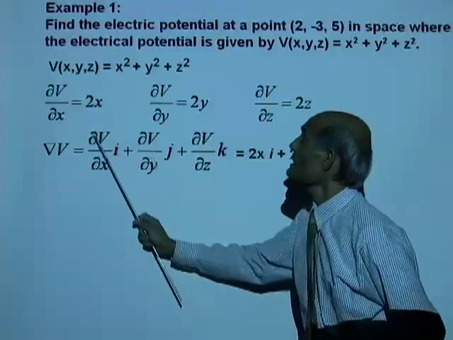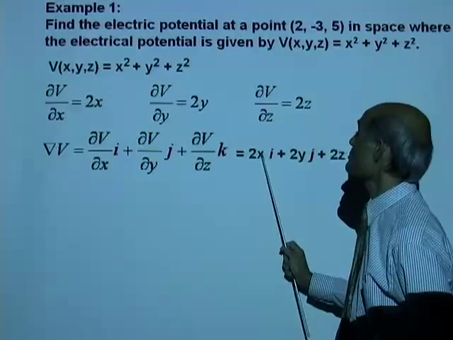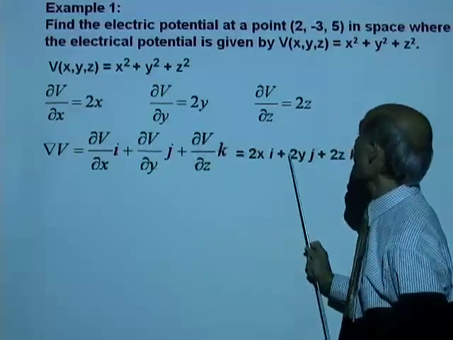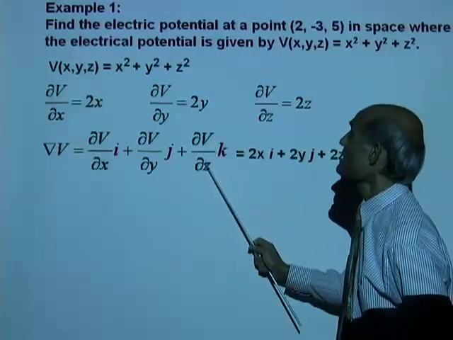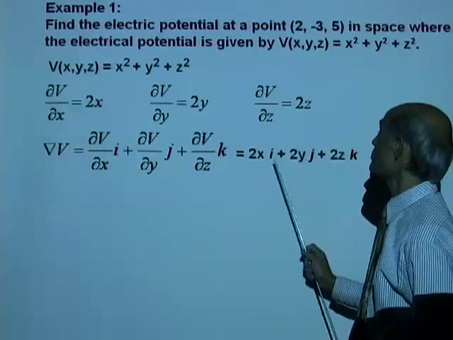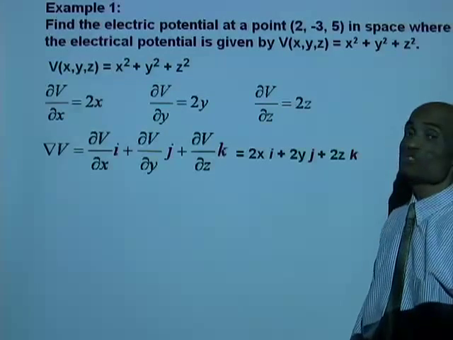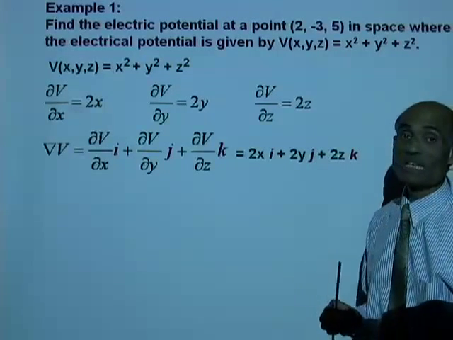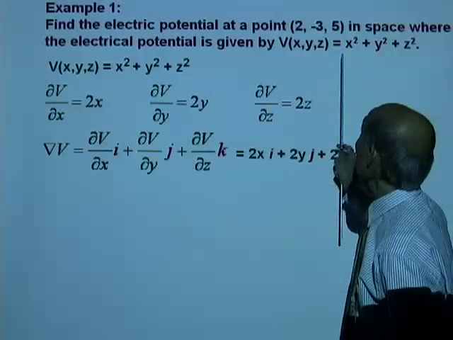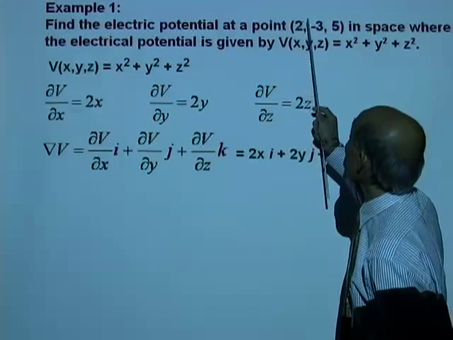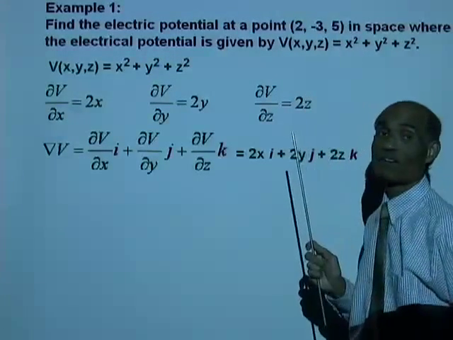Well, that will be ∂V/∂x is 2x, ∂V/∂y is 2y, and ∂V/∂z is 2z. That will be 2x i plus 2y j plus 2z k. And what is the value of this at this point, (2, -3, 5)?